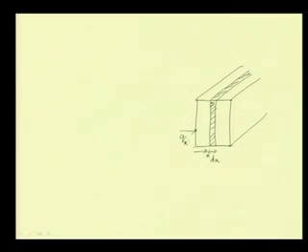Let us call the rate of heat transport q dot x, the heat transport rate per unit area. This is at x, and this is q dot x plus dx, the heat transfer rate per unit area at point x plus dx.